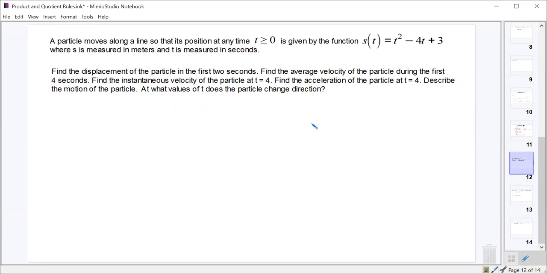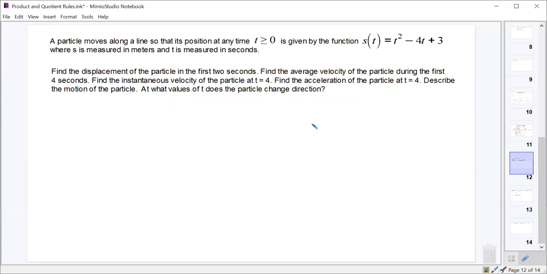So we've got a position function here. s of t is equal to t squared minus 4t plus 3. We want to first find the displacement of the particle in the first 2 seconds.